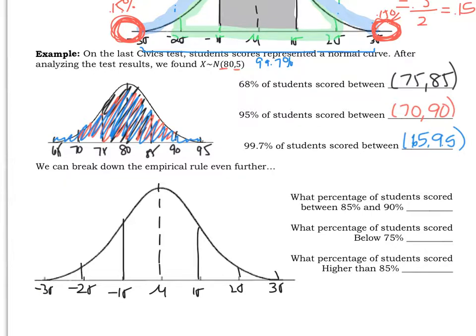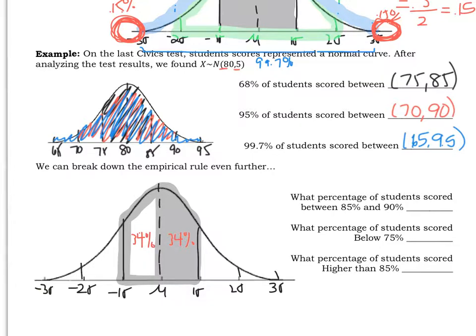I know that within 1 standard deviation is 68%, but how do I figure out what half of that is? I would just do 68 divided by 2, which is 34. So that's 34% on each side.